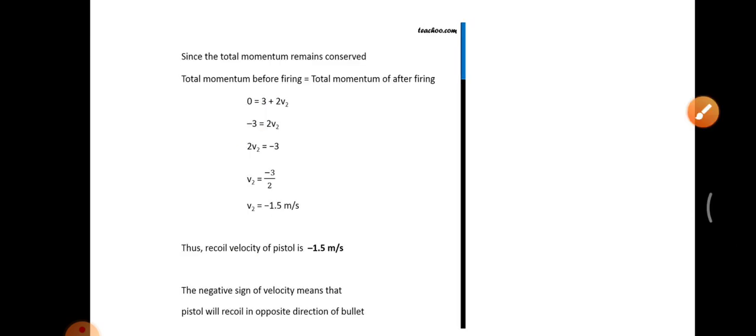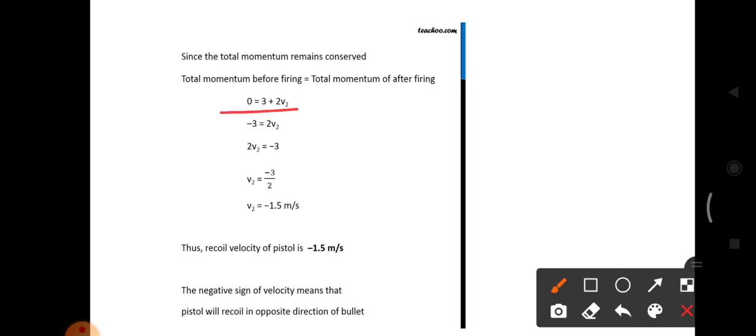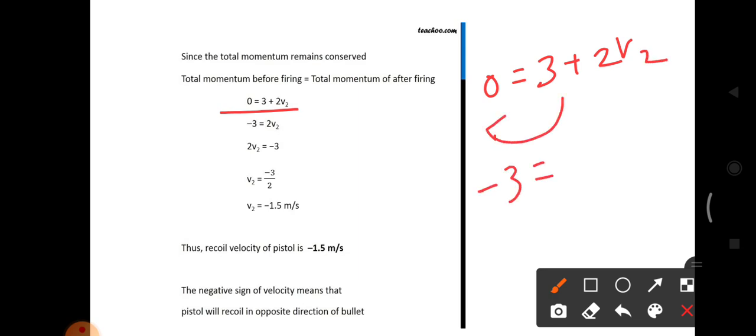So we substitute: 0 equal to 3 plus 2V2. When the 3 comes to the left side, it takes a minus. So 2V2 equals minus 3.